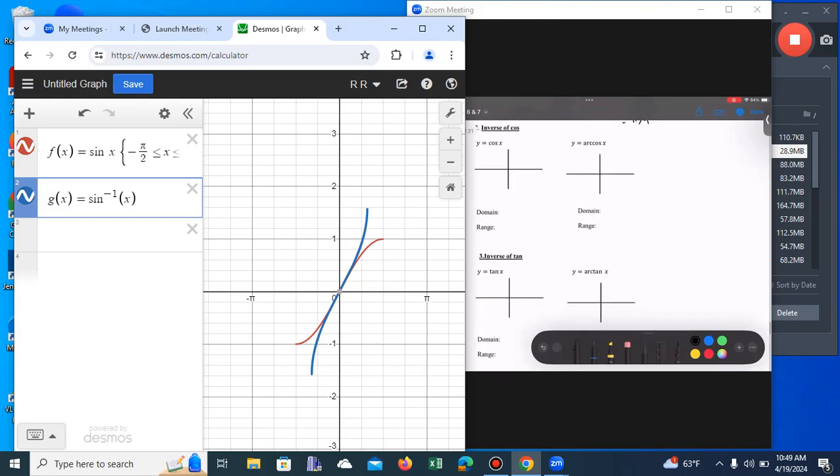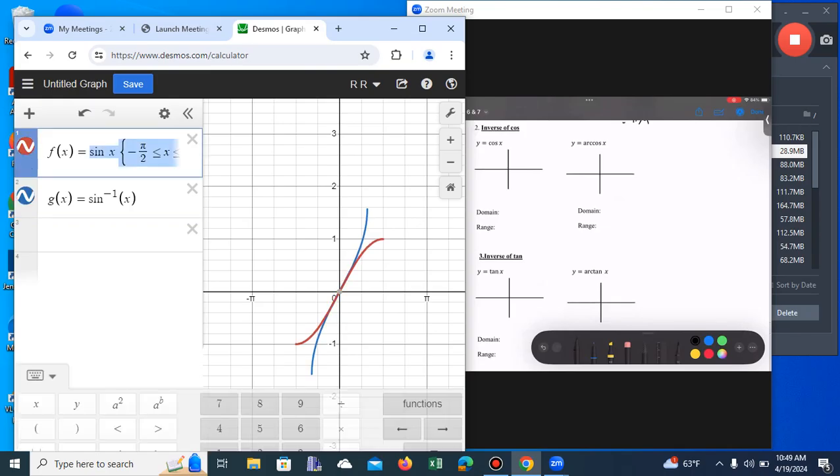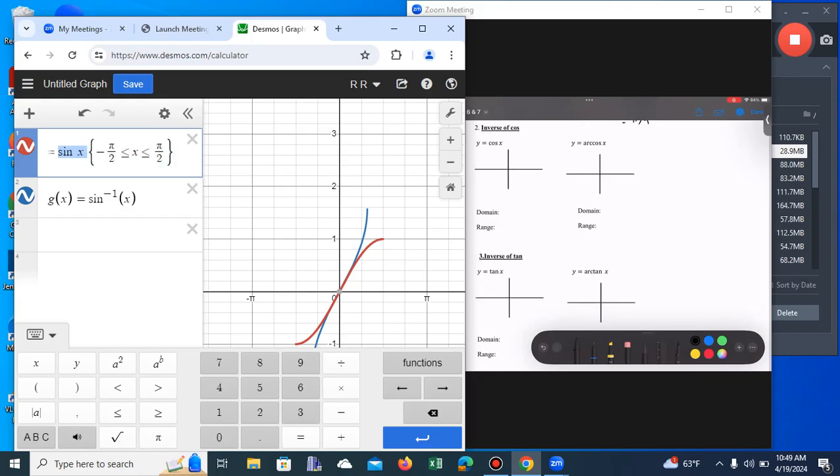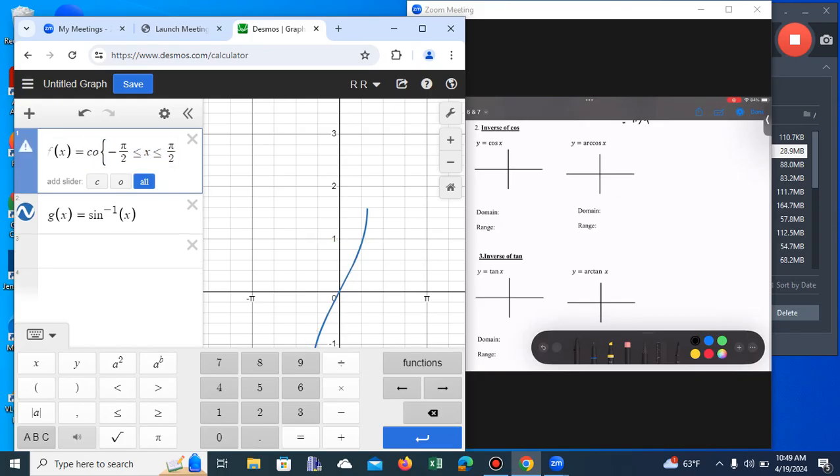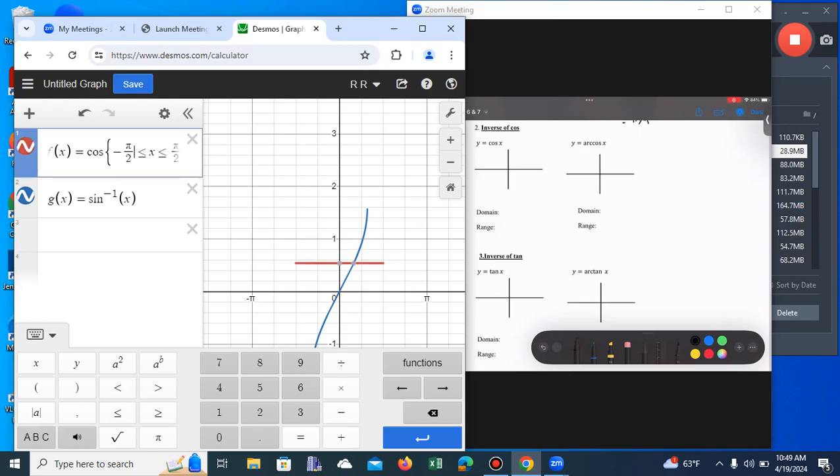So what have we looked at? Cosine. Well, we're going just from, let's say, 0 to 7.